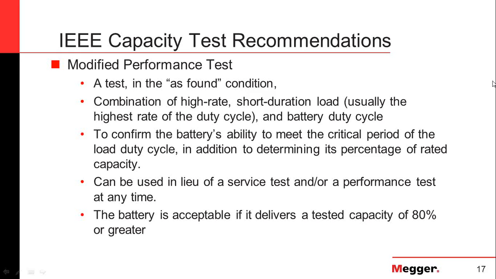So we're going to confirm both the critical period of the duty cycle as well as what the percentage rating of the capacity is. This can be done in lieu of a service test or a performance test at any time, and it's considered passing if it has a rated capacity of 80% or greater.